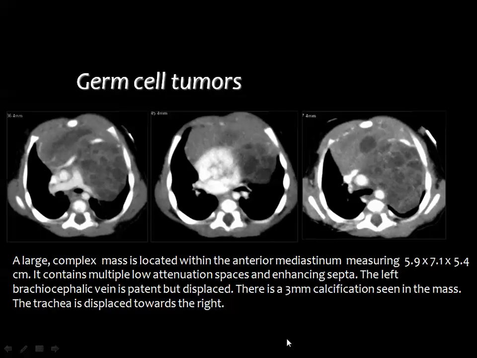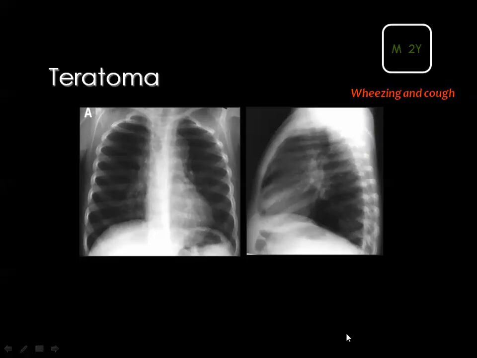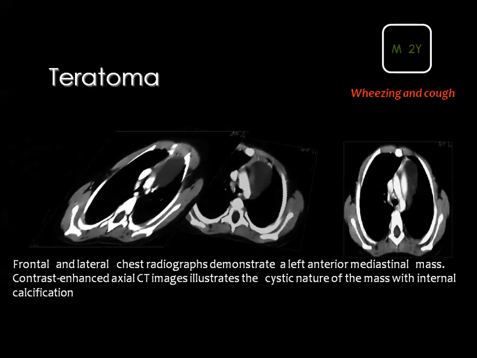If you search very thoroughly, and then there is a 3 millimeter calcium seen within the mass, I am not able to elicit this calcific part of the tumor, but calcium is not an essential finding for the diagnosis of teratoma, but fat is very important for the diagnosis.